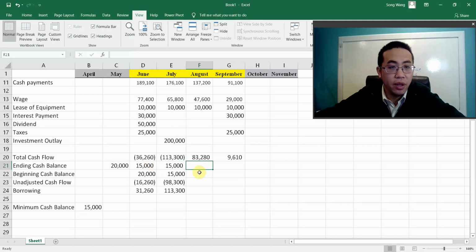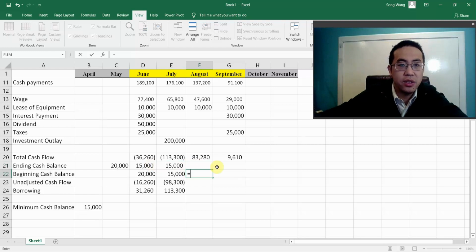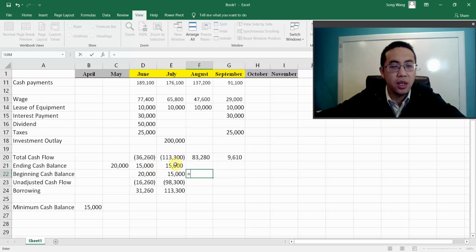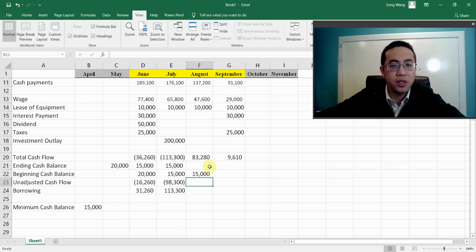All right, in August, the situation turned out to be a little bit better. Again, the beginning cash balance in August is the ending cash balance in July. The same rule applies.